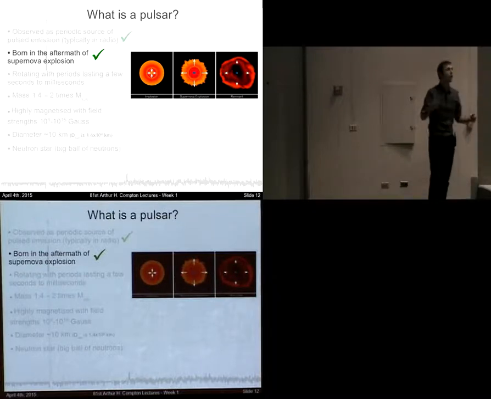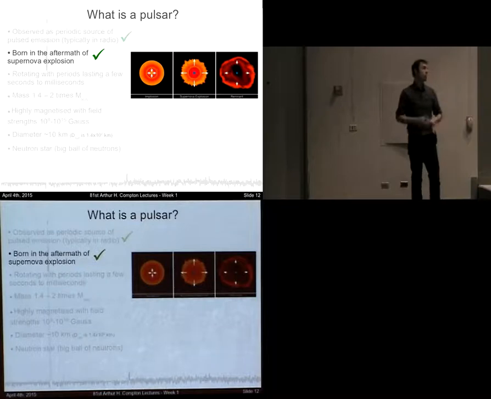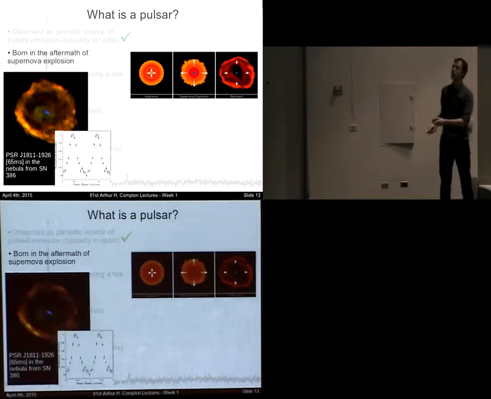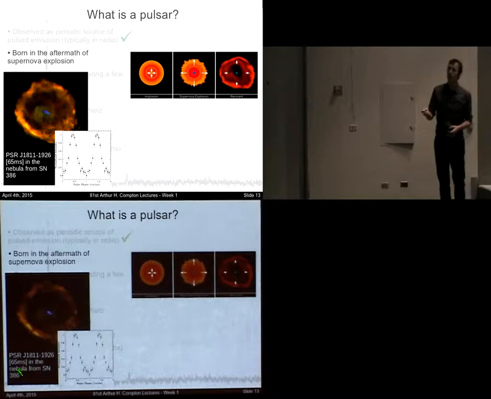And when we look at these pulsars with radio telescopes, what we find is that they're sitting in the middle of these remnants. And that's how we know that they're associated with the remnant. So this is an example of supernova 386. You see here this nice optical image of the shell, and there's a different color in here that's blue.